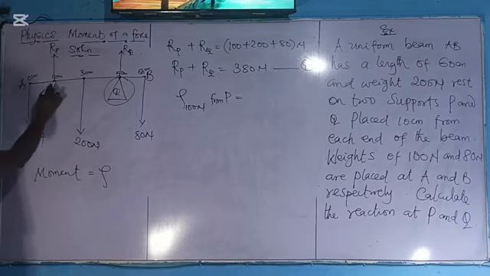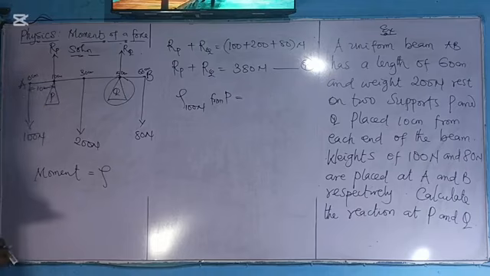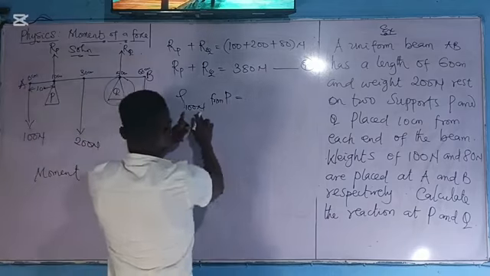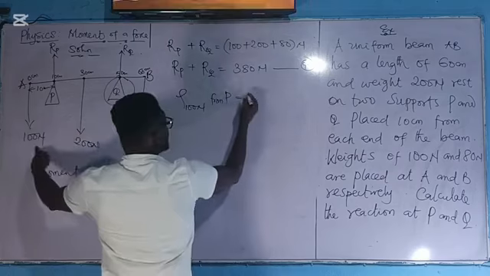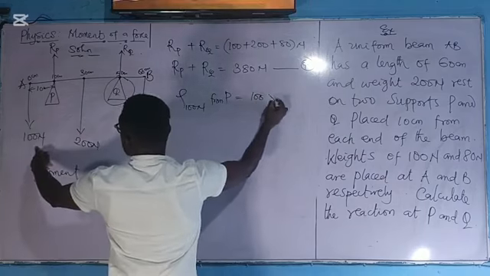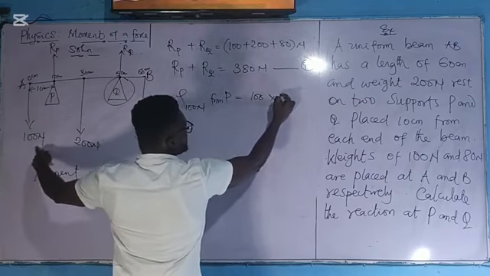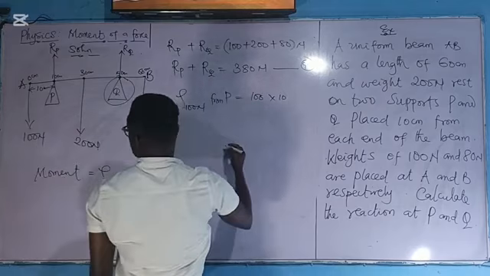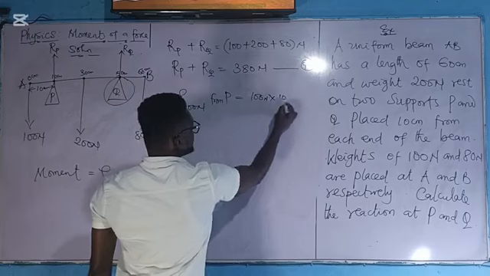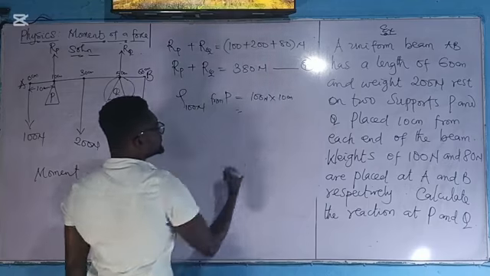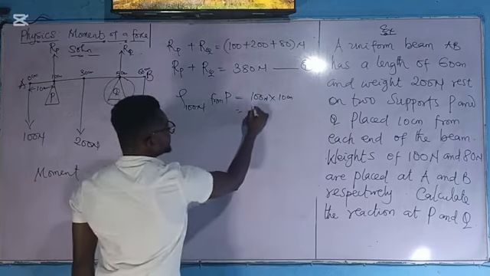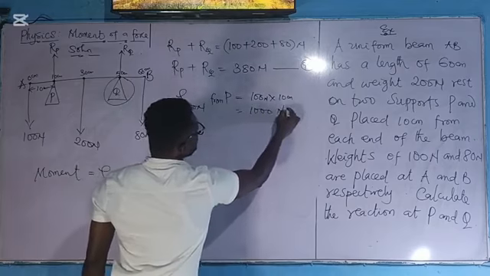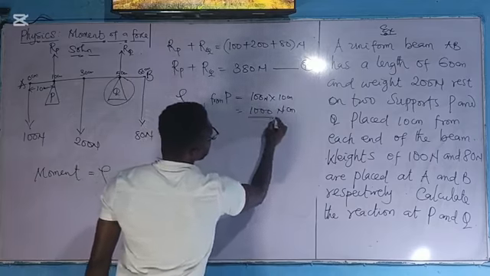Okay? Now let's get the distance of that 100 Newton from P. The difference between 0 and 10 will give us 10 cm. Okay? So the perpendicular distance now is 10. So the moment of 100 Newton from P will be 100 times 10 centimeter. Okay? Here is 100 Newton, while here is 10 centimeter. So if you multiply both, it will give 1000 Newton centimeter.